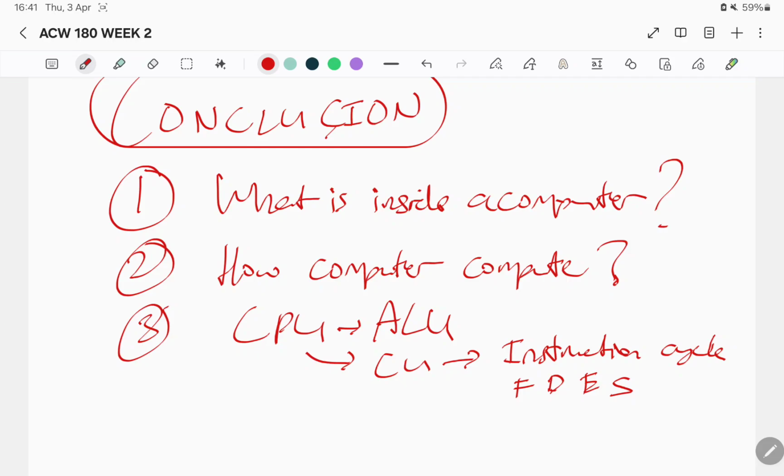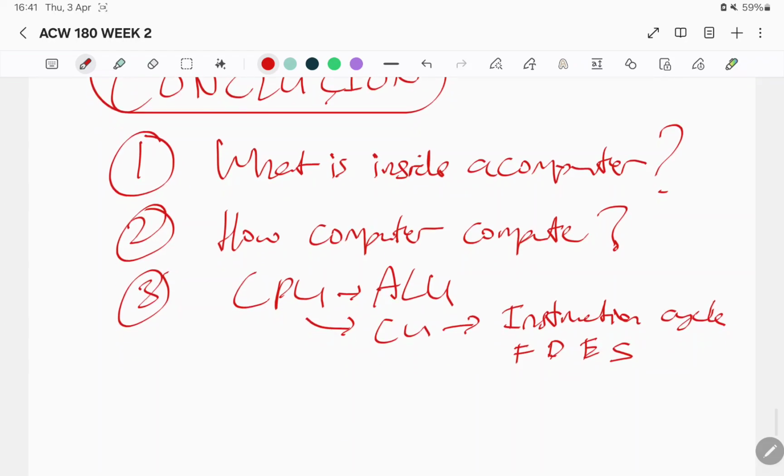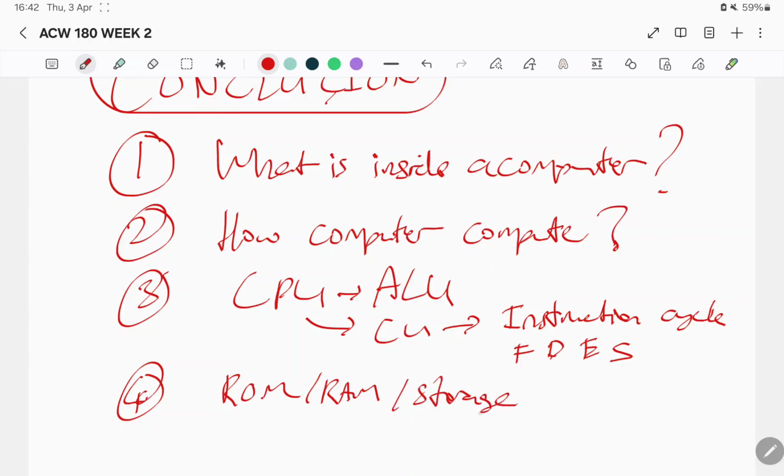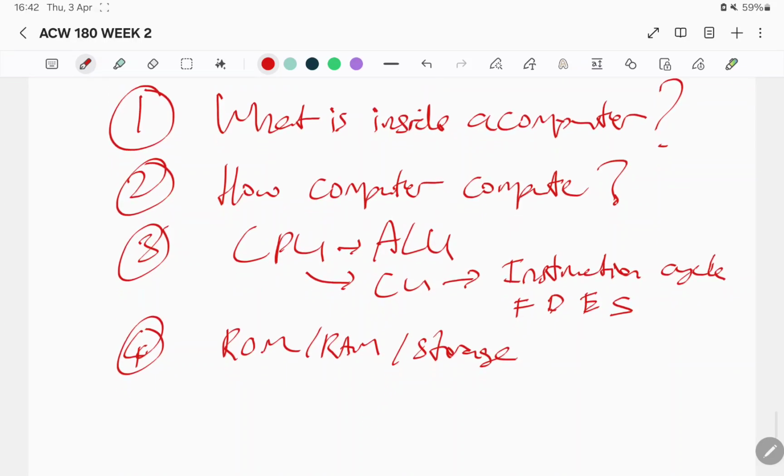We talk about what is ROM, RAM, and then the storage. Basically, this one is fixed.